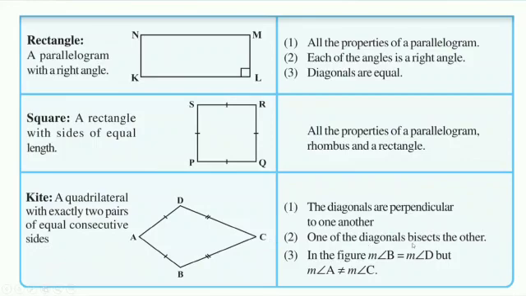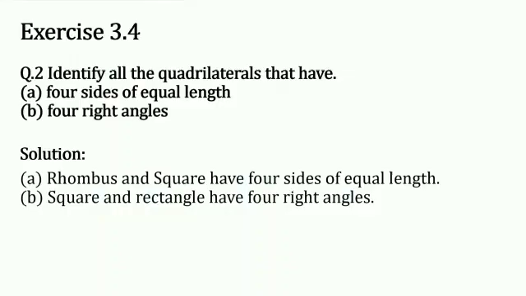One of the diagonals bisects the other. And the third one is one of the opposite pairs of angles is equal. Here you can see that angle B is equal to angle D, but angle A is not equal to angle C. Now, let's start with exercise 3.4.